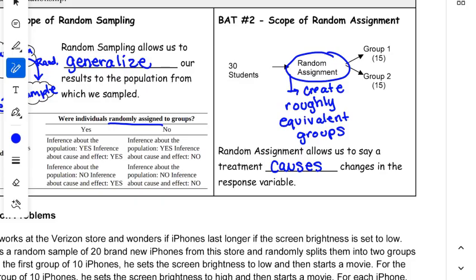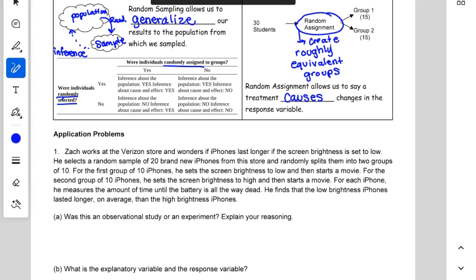Okay, now it's your turn to do this application problem. Read it carefully and answer all the questions. Was this an observational study or an experiment? Experiment. So we do have to explain why. There was treatment involved, yes.